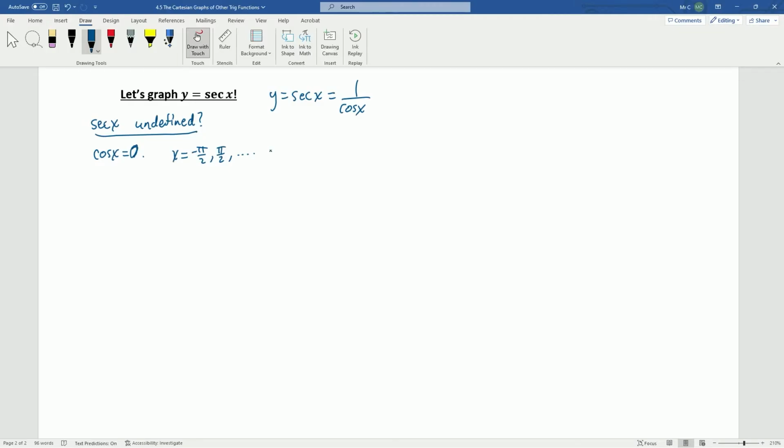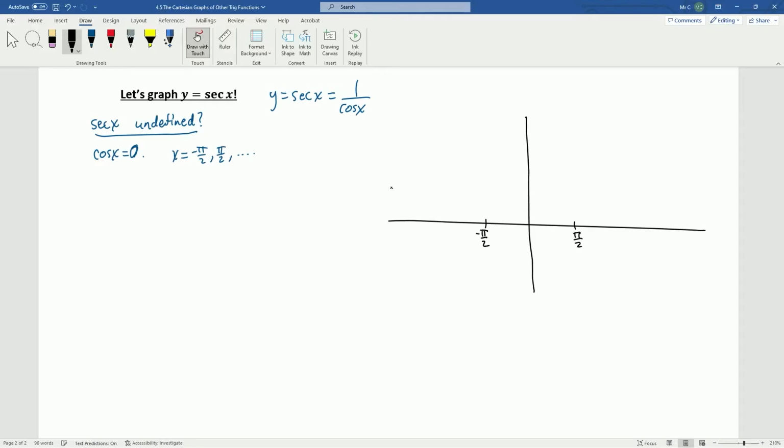Now, since the period of cosine is 2 pi, if cosine is repeating its patterns every 2 pi, and this function is just 1 over cosine, the period for secant of x is also 2 pi. So we'll start graphing secant over here, and we'll start by just plotting our asymptotes.